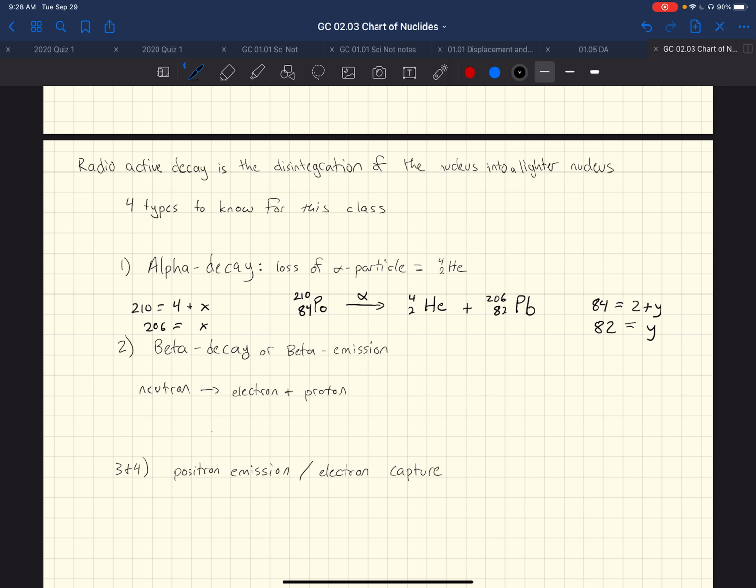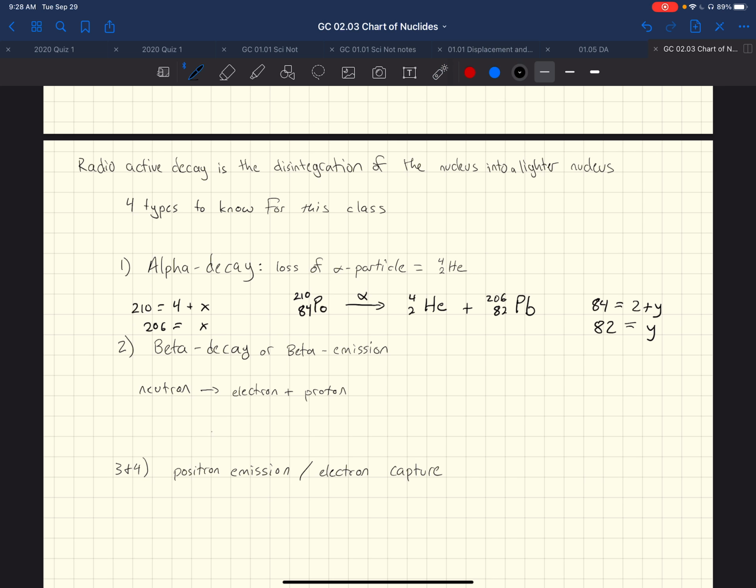And if we think about it, we have lost 2 protons and 2 neutrons. That is alpha decay. So that's the first kind you're going to need to know. And when I say you need to know these, you need to be able to make a reaction like this, and you also need to know its effect on the chart of the nuclides, which I'll show you in a minute.